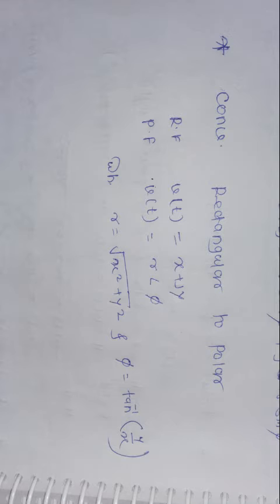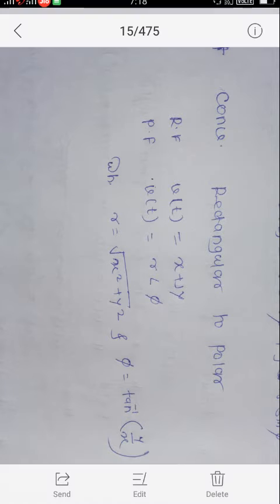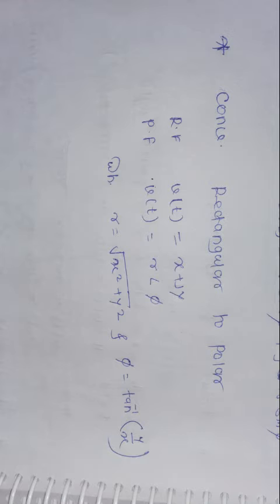Then this can be converted into polar form as phi of t is equal to r at an angle phi, where r is calculated as the square root of x square plus y square, with the values of x and y directly taken from the rectangular form, and phi is calculated as tan inverse of y upon x. This conversion is also important.